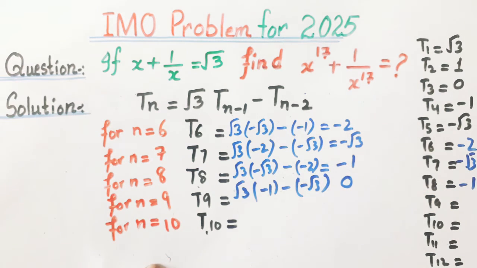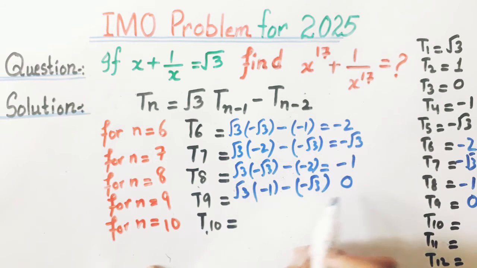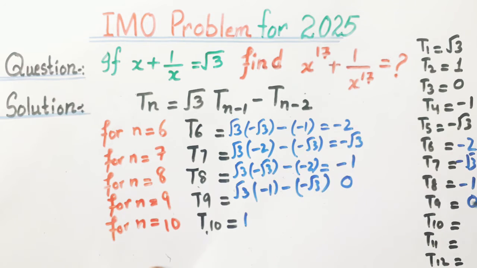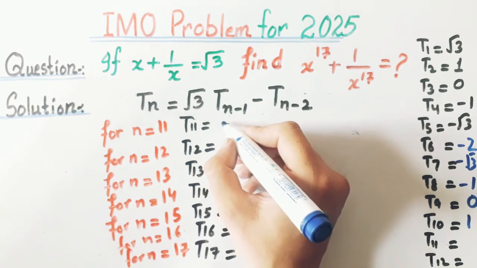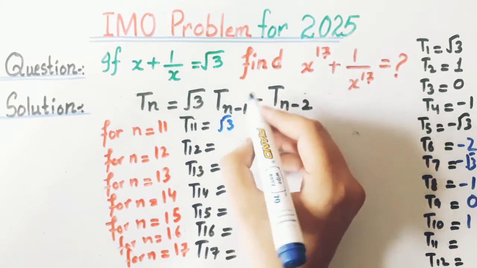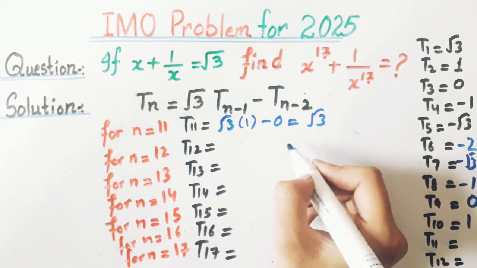So the value of T9 is 0, and then T10 is 1. T11 is square root 3 into the previous one, that is 1, minus 0, which is square root 3.